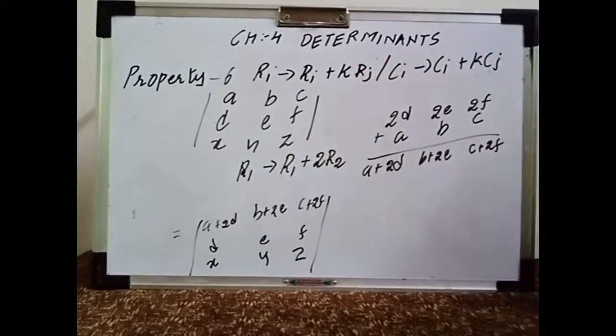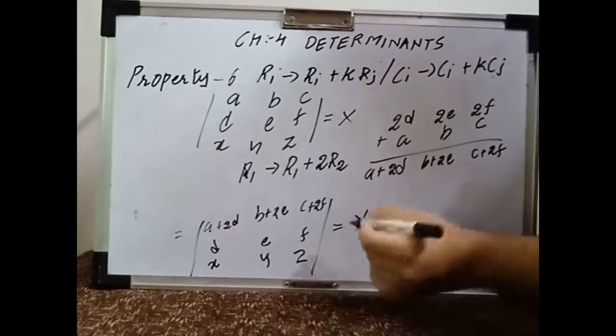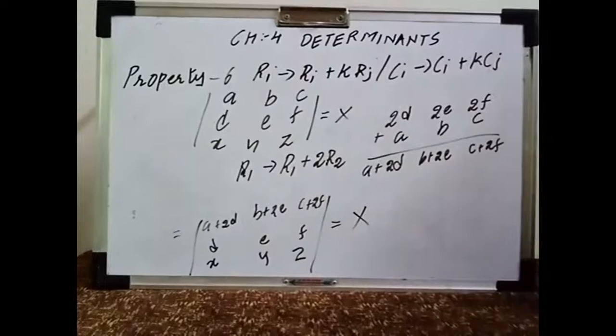If we talk about the change in the value of the determinant, then this property won't change the value of the determinant. It means if earlier it was x, after applying this property it will be x only.